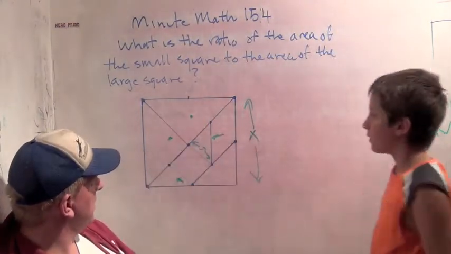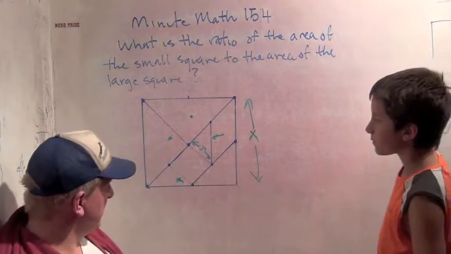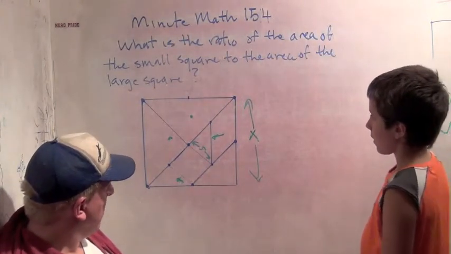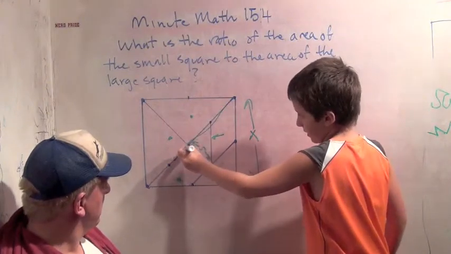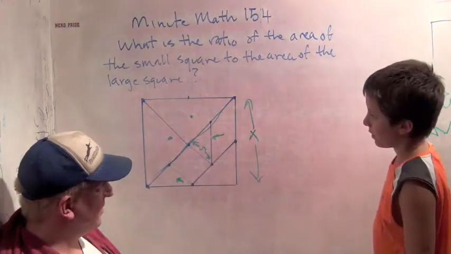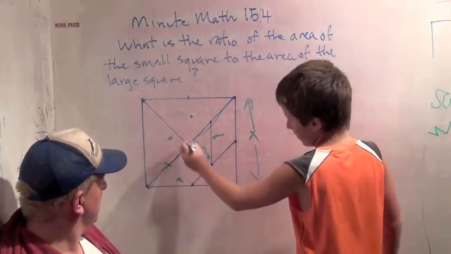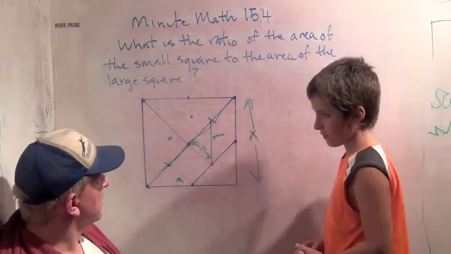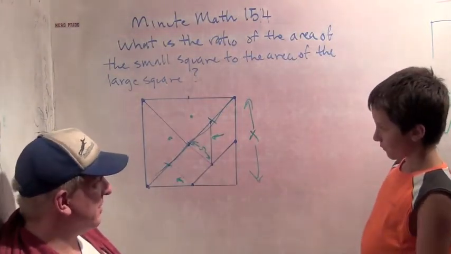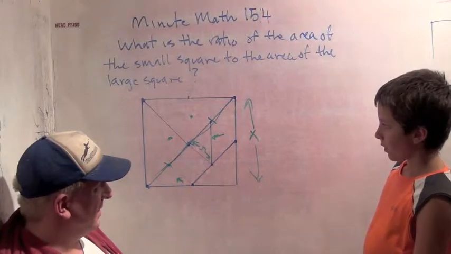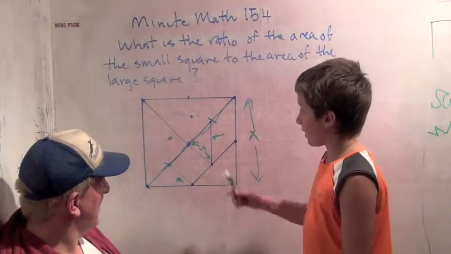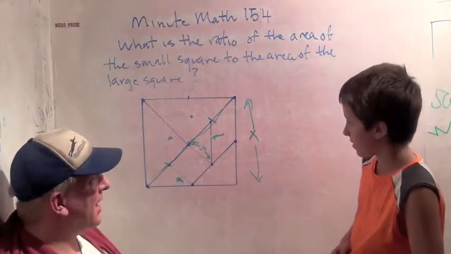Good. How about line segments? Do you see any line segments that got divided? This line segment right here. What did that get divided into? Into fourths. It's 4 equal pieces.